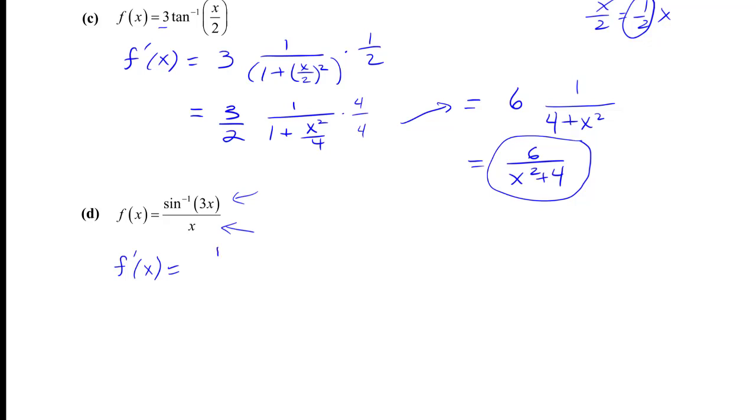So that's 1 over the square root of 1 minus 3x squared, times the derivative of the 3x, which is 3.